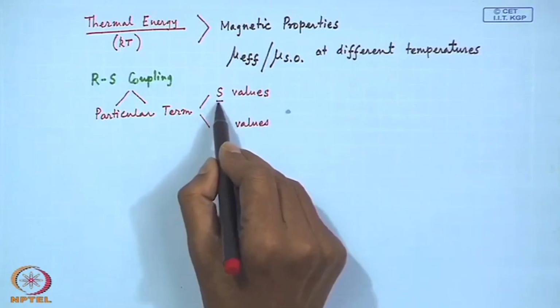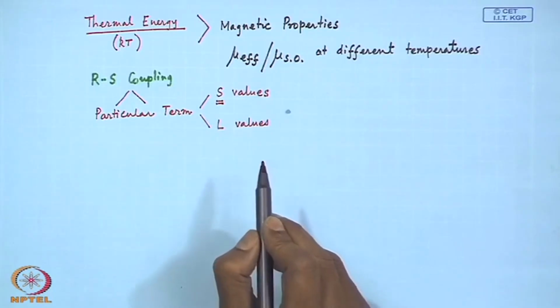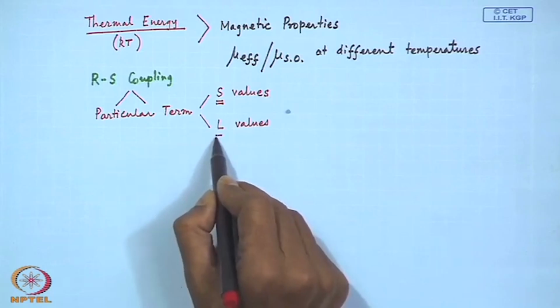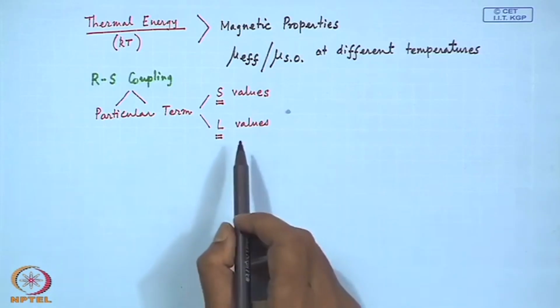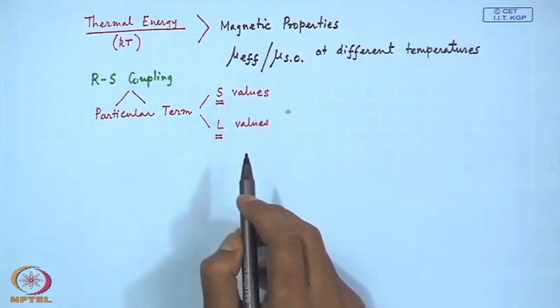The S value is due to the number of unpaired electrons, and the L value is due to the orbital motion or orbital angular momentum, which can contribute to the magnetic moment.